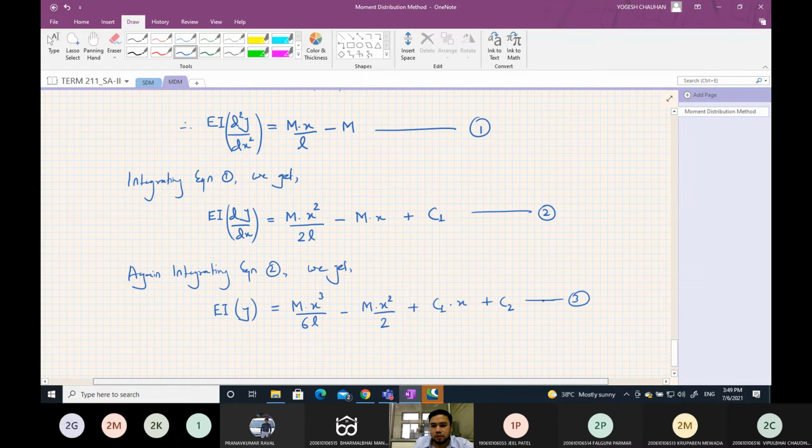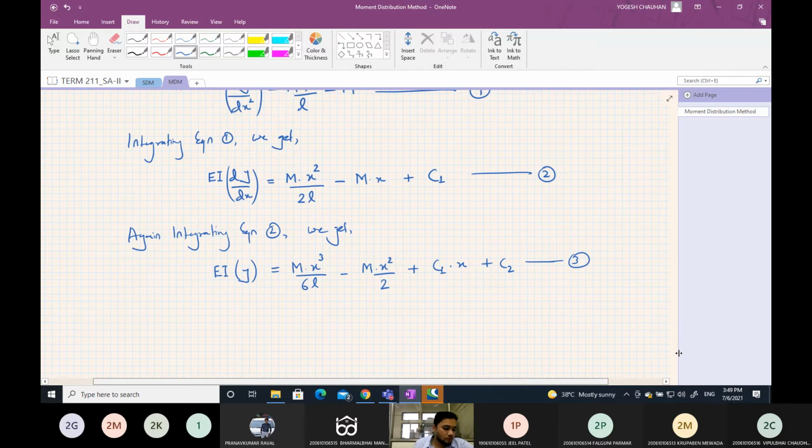Now this is equation number 3. Now we apply the boundary conditions.